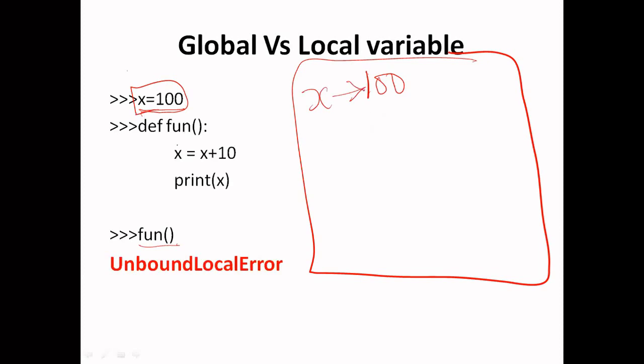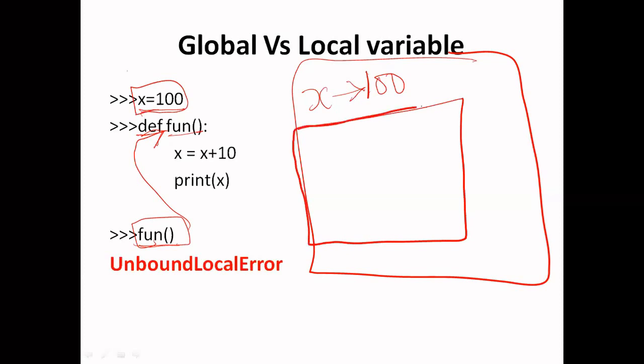And then this function is defined, no problem, and its syntax will be checked. And then when we are calling that particular function, control will go to that function. And when control invokes this function, a local namespace will be created.